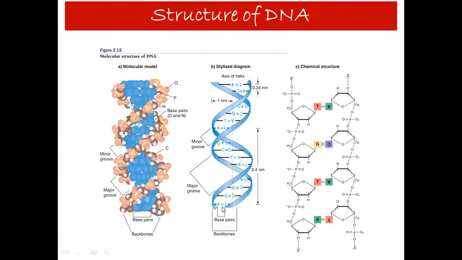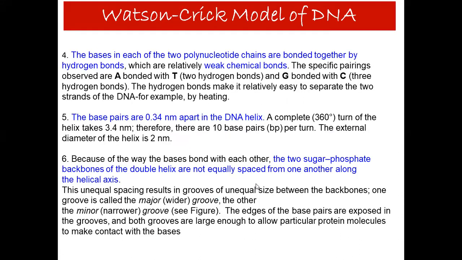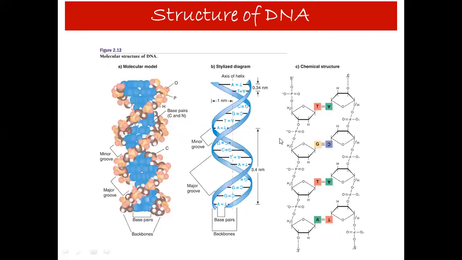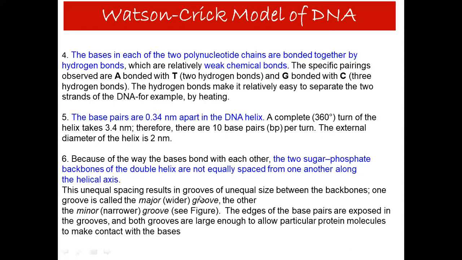Therefore, there are 10 base pairs per turn. The external diameter of a helix is 2 nanometer. That means the distance between two strands in a double helix is 2 nanometer.